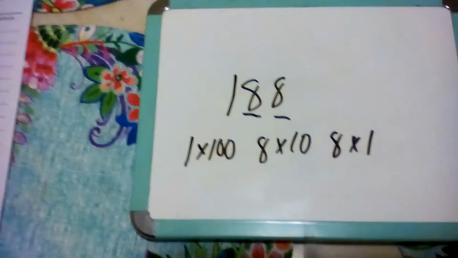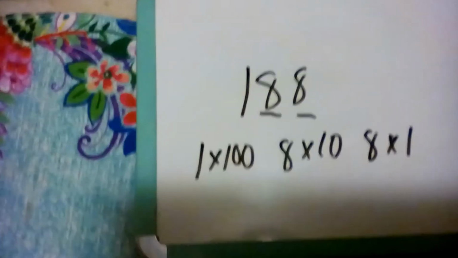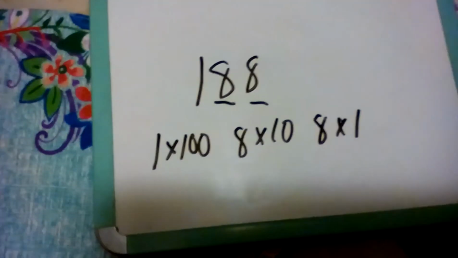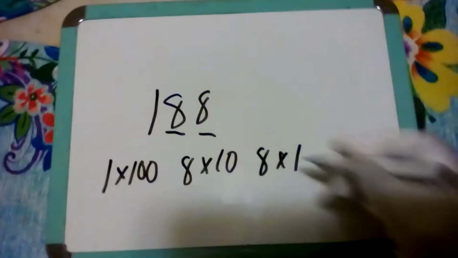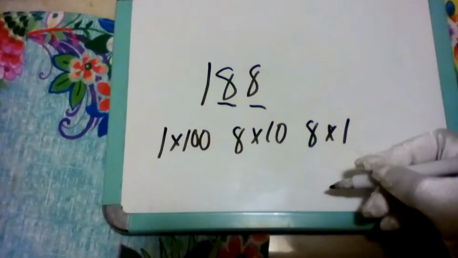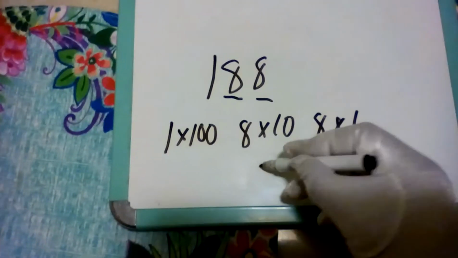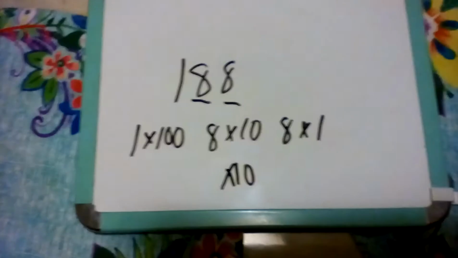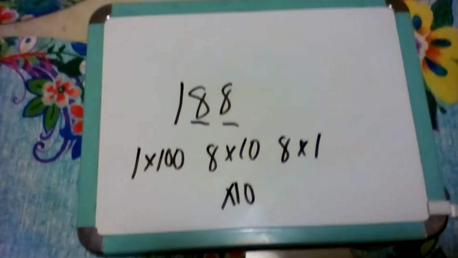The question asks us to compare the tens place and the ones place. How big is the 8 in the tens place in comparison to the 8 in the ones place? So by looking at this, we already know that the 8 in the tens place is 10 times bigger than the 8 in the ones place.